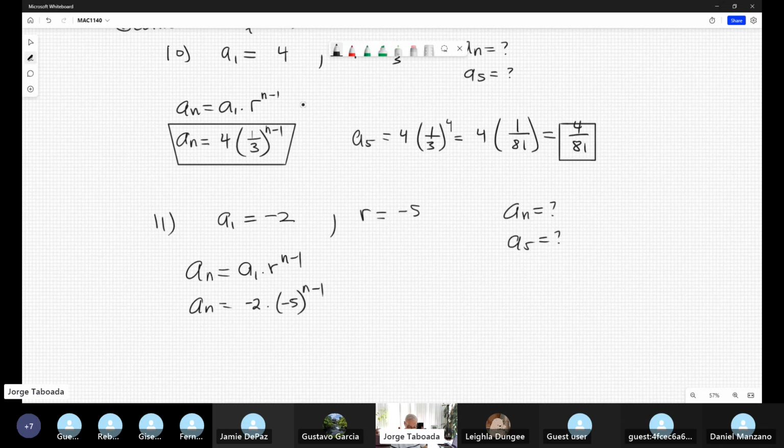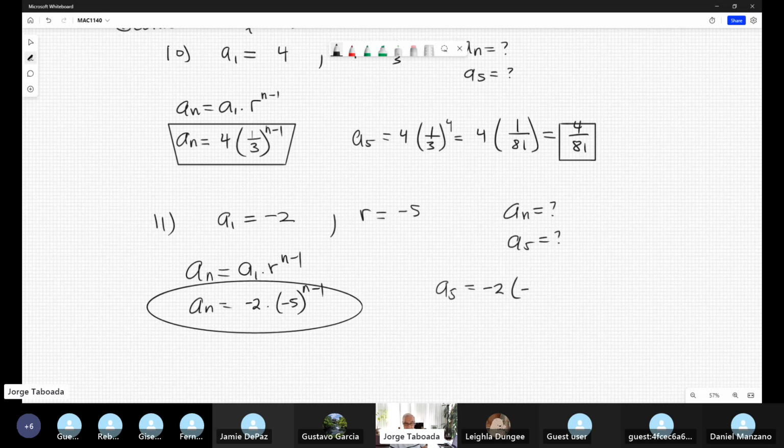This is my formula. However, specific to n equal 5, it is -2 times -5 raised to 5 minus 1, which is 4, no? Therefore, notice that you are doing an even exponent and the base is negative, so the answer is positive. By the way, this is 625 positive because the exponent is even. Multiply by -2, then negative 1250.